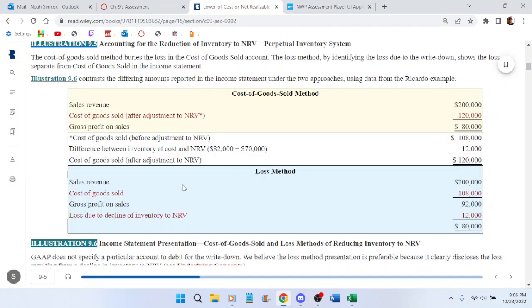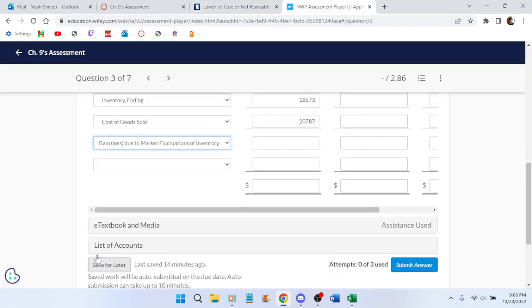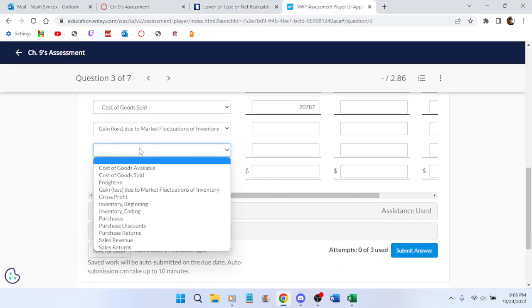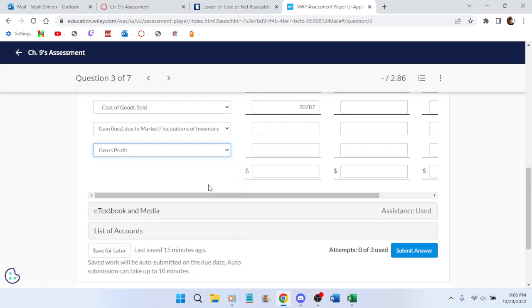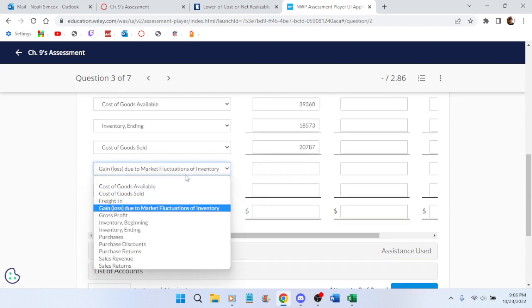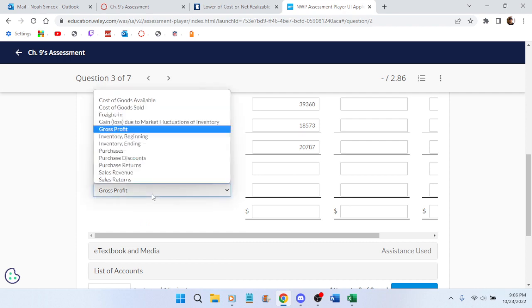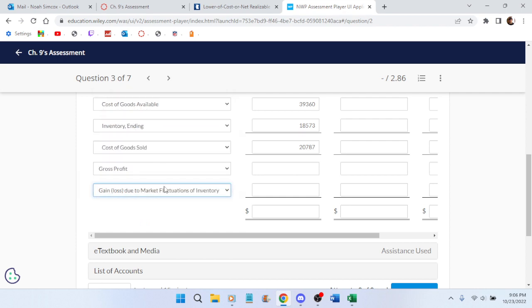according to this, they don't specify which method you're supposed to use. But probably they want you to use this method where you do this minus this equals gross profit on sales. So gross profit on sales, and then gain or loss due to this, and then here you go.